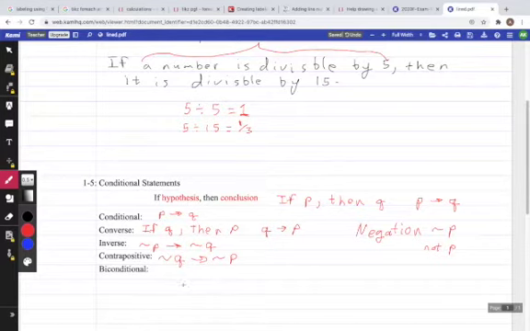Then we have our biconditional statement, and it can be written in a couple of ways. Here is one way.